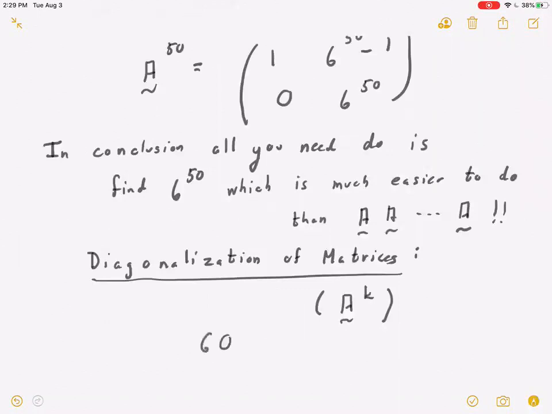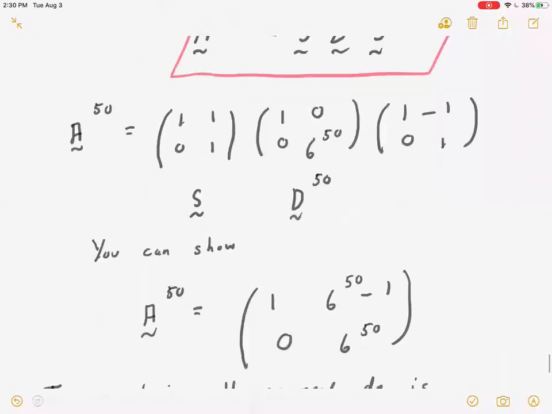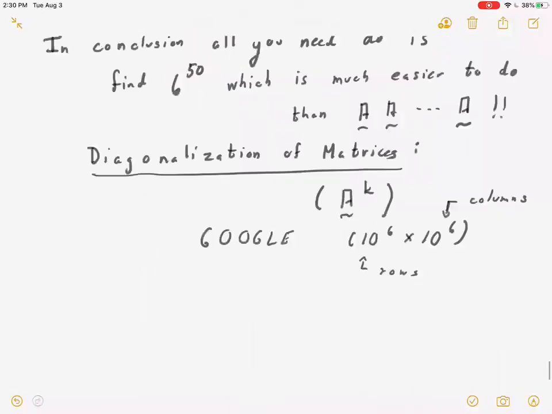So in fact, Google typically looks at square matrices that have something like 1,000,000 rows or 1,000,000 columns. And you can imagine lots of examples of problems where in Google you have to multiply those matrices together. And that's going to take a long time. Well, by diagonalizing the matrix and just reducing the problem to raising the diagonal matrix to a power, you're going to save yourself a lot of time.